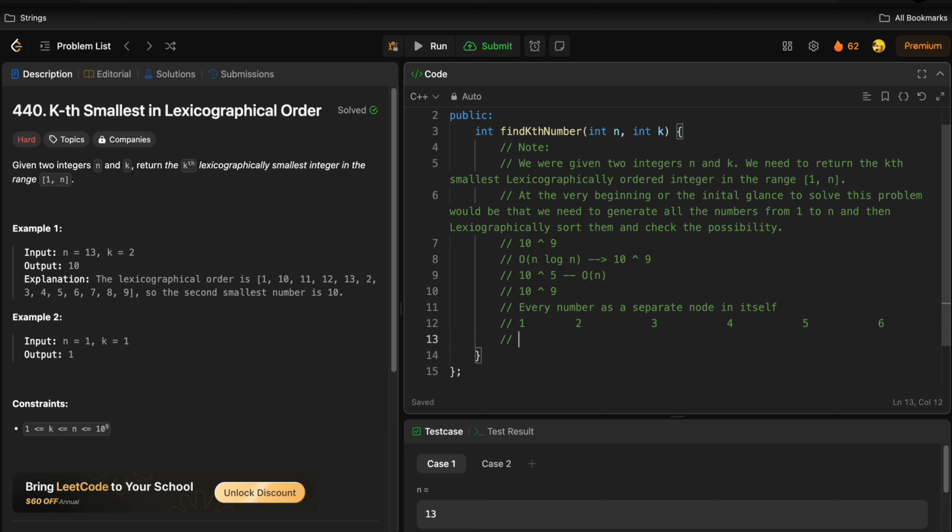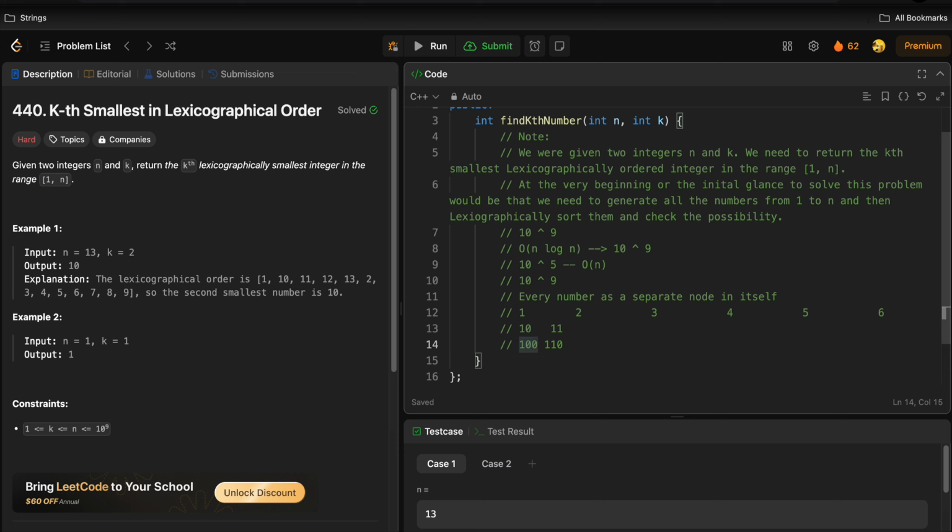If it's lexicographically smallest, then 1 is the smallest of all, followed by 10, and after 10, 100 would be smallest, and after 100 it would be 1000 and so on. After 10 we would process 11, and here it would be 100 first, and then 110, followed by 1000 and so on.